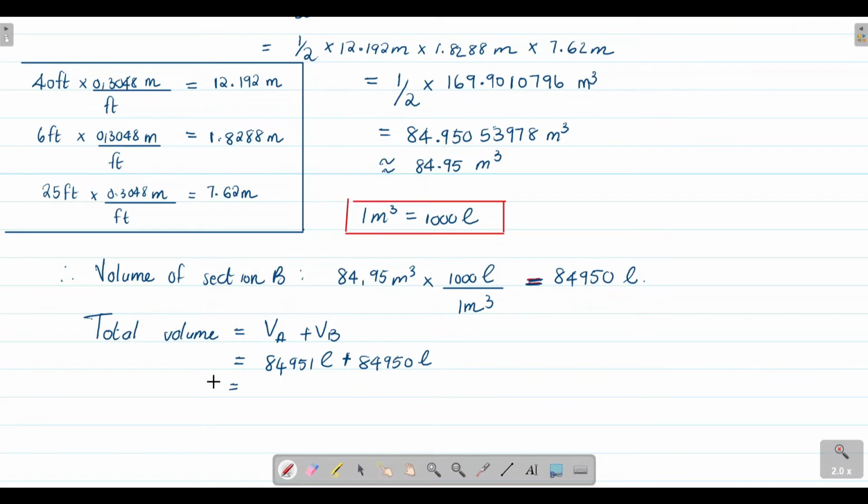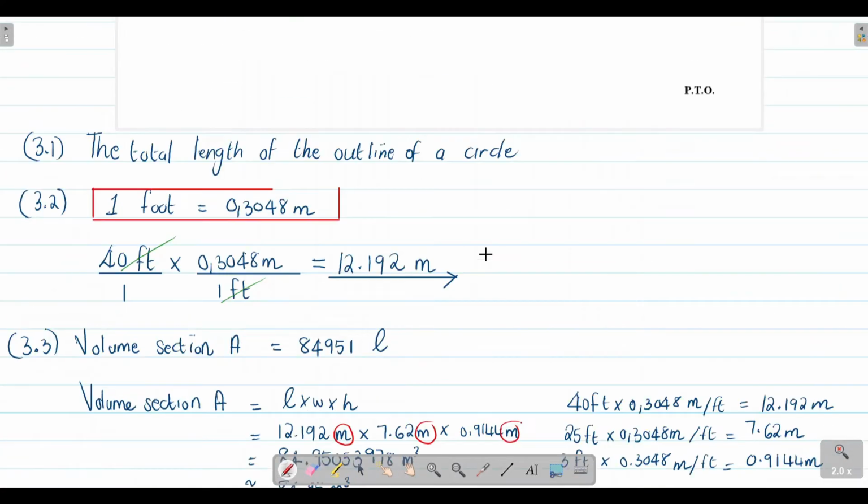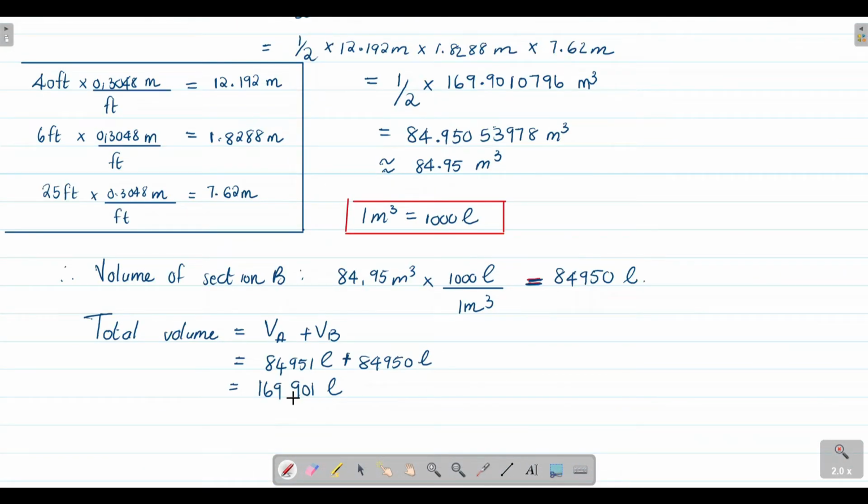getting for your pool? So how many liters of water can this pool hold? This pool can hold 169,901 liters. Okay, so what does that say now about the question? Remember, Mrs. Palati claims that the pool A can hold over 169,000 liters of water, and we've calculated this pool can actually hold 169,901 liters.